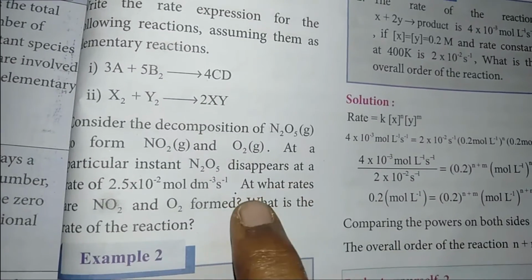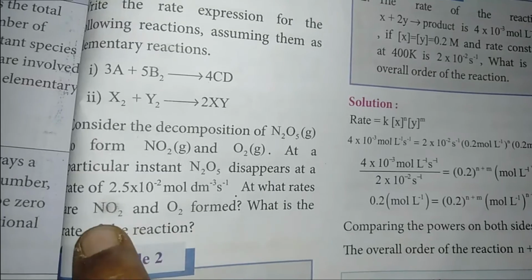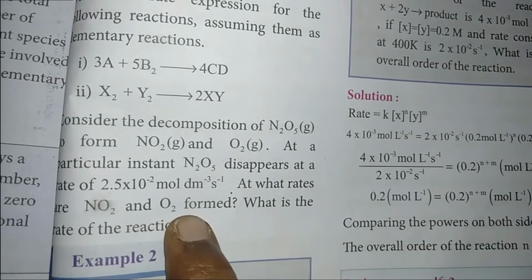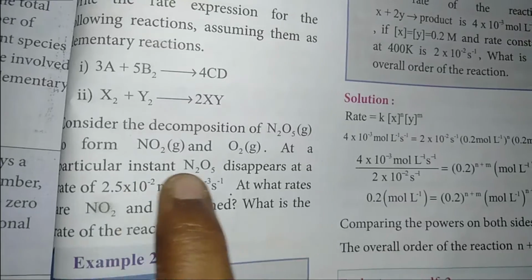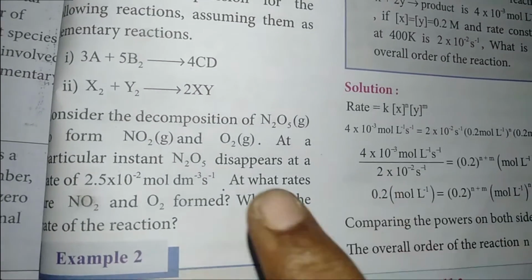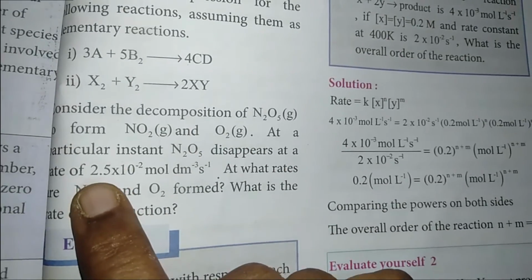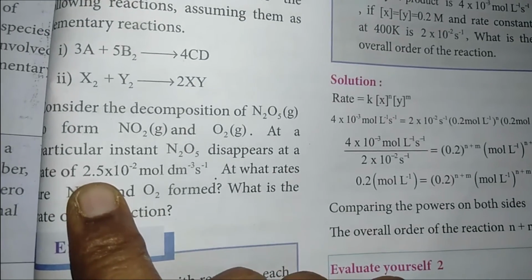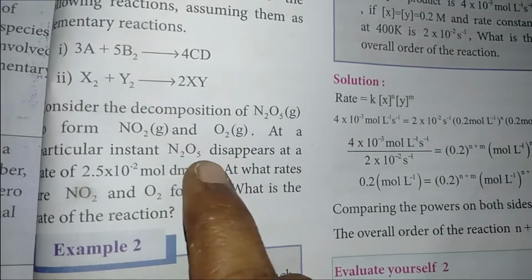So they are asking you to find out the rate of the reaction for NO2 and oxygen. They have given that at that particular instant this N2O5 disappears because it's getting decomposed. What is the rate when it is getting decomposed? It is 2.5 into 10 to the power minus 2 mole decimeter cube per second.